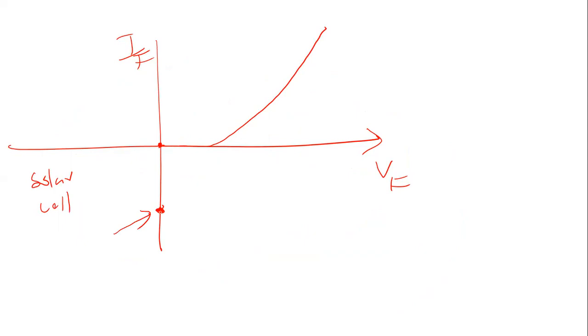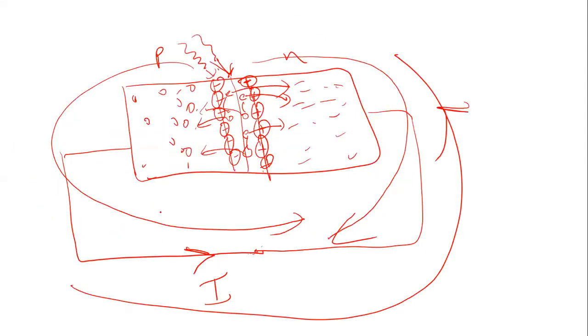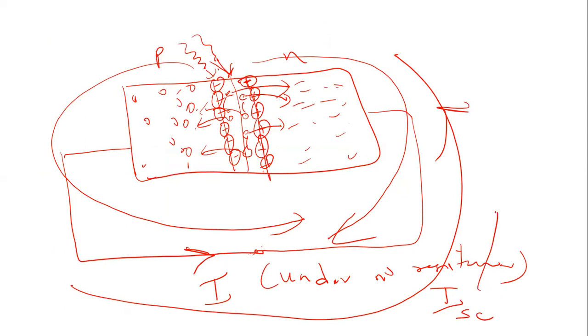The amount of current that passes through the external circuit when you just join the p-type and n-type without connecting any resistance is called the short circuit current, ISC, of a solar cell.